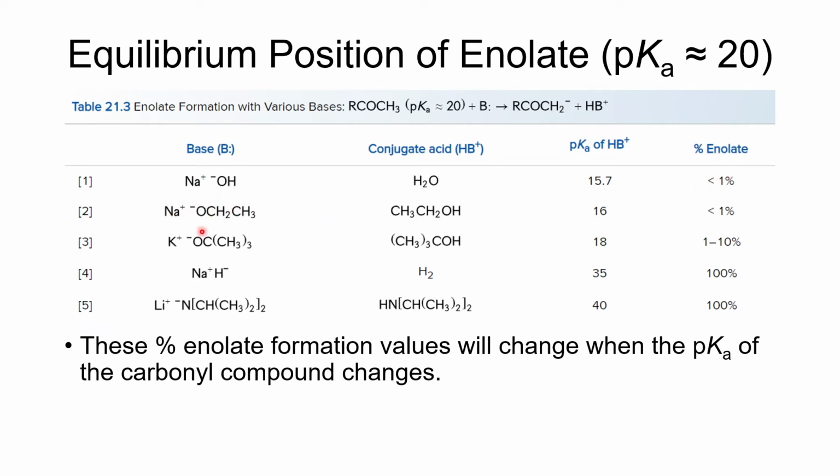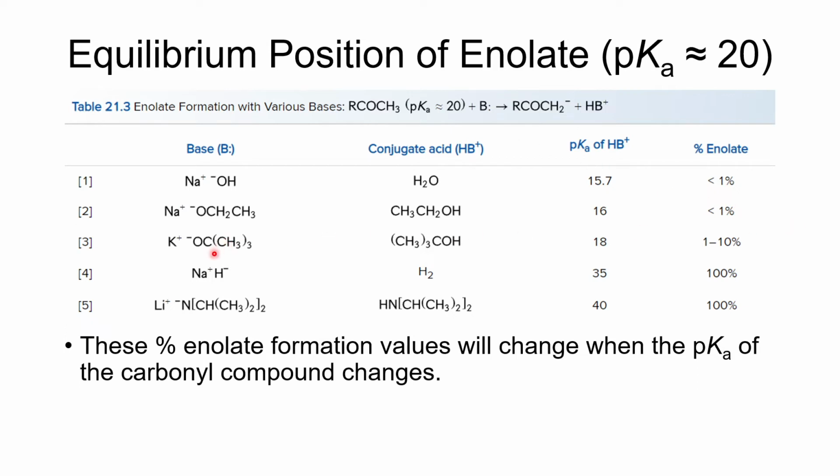If we go with an alkoxide like ethoxide, the conjugate acid of ethoxide is ethanol. Ethanol also has a pKa at around 16. Again, less than 1% of this reaction is going to be in the enolate form.